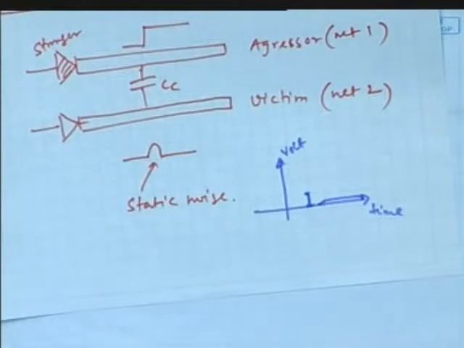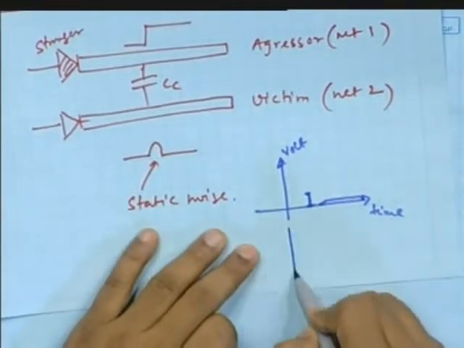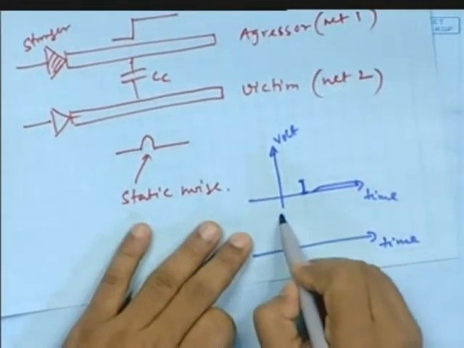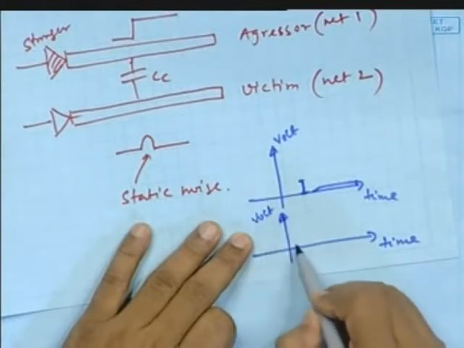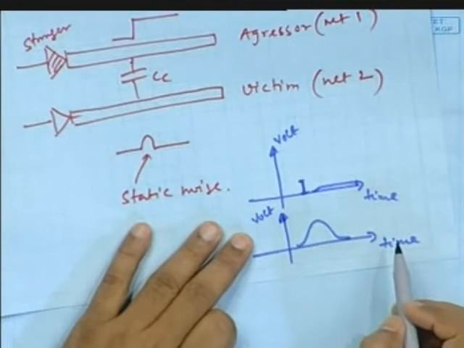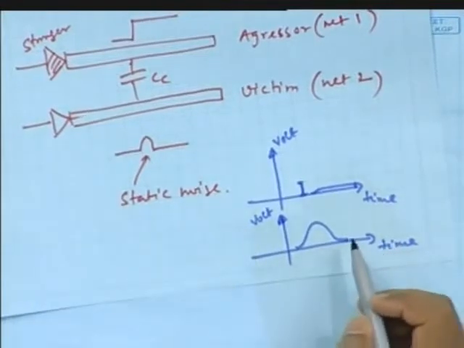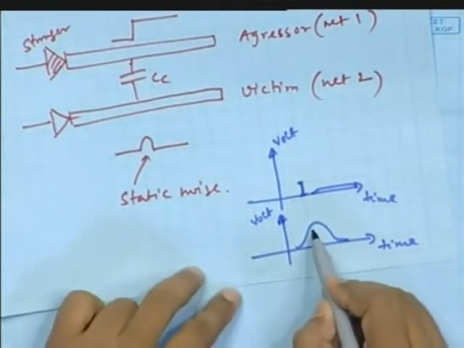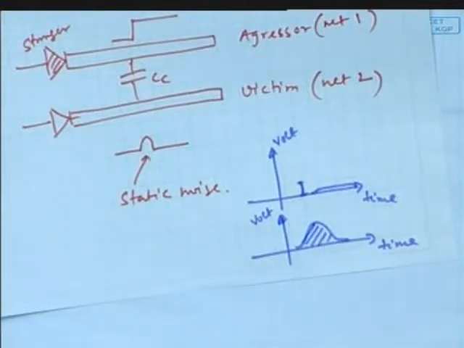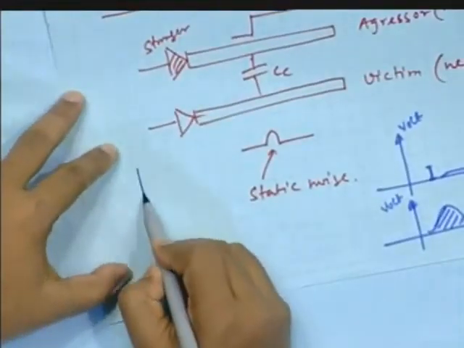It also won't be able to make any difference, right? However, if the area is, once again time, this is volt, so this is my voltage bump, intuitively this can make a difference. Actually it depends on this area. So the curve actually looks like this.